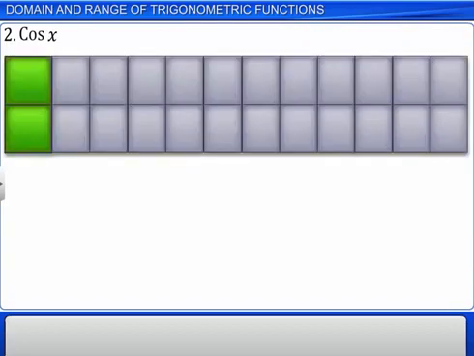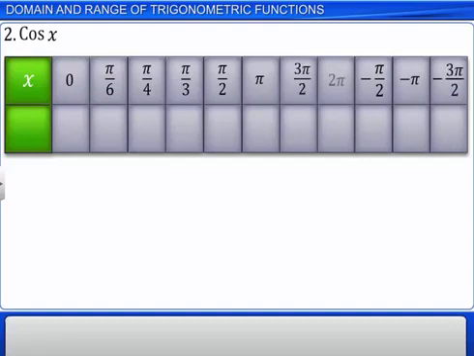Again, let us take the values of x as 0, pi by 6, pi by 4, pi by 3, plus or minus pi by 2, plus or minus pi, and plus or minus 3 pi by 2.